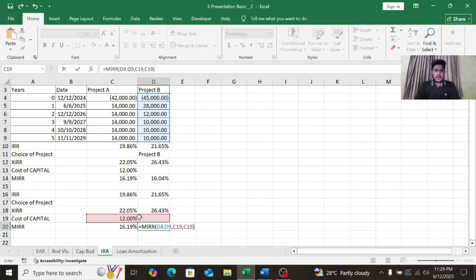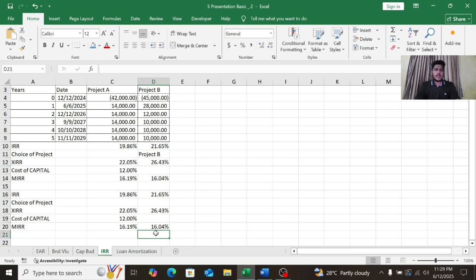It's 16.04%. So now we have more accurate and more detailed data to make our investment decision. These are more accurate than IRR, as they eliminate the limitation of IRR. So we can use these formulas to get our result and make an effective and efficient decision.